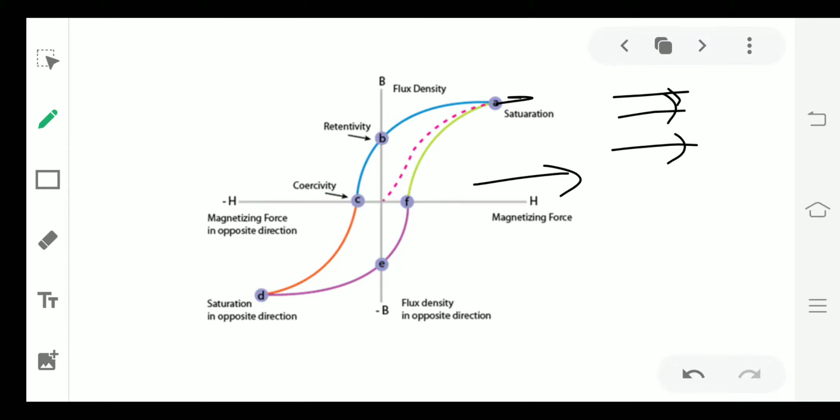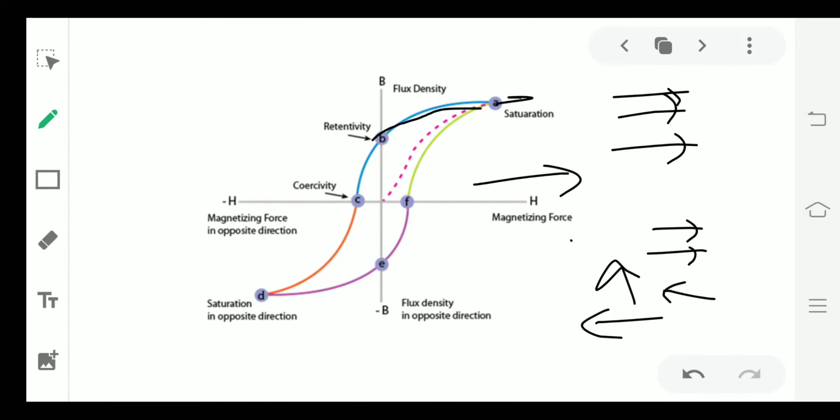Now on removing this magnetic force, the magnetic flux density also starts decreasing, but it will not come to zero, and it will have some domains, or we can say some magnetic poles, which are still in the direction of the magnetizing force. So let's say 1 to 2 domains are aligned in this direction, and all the others come to their random state.